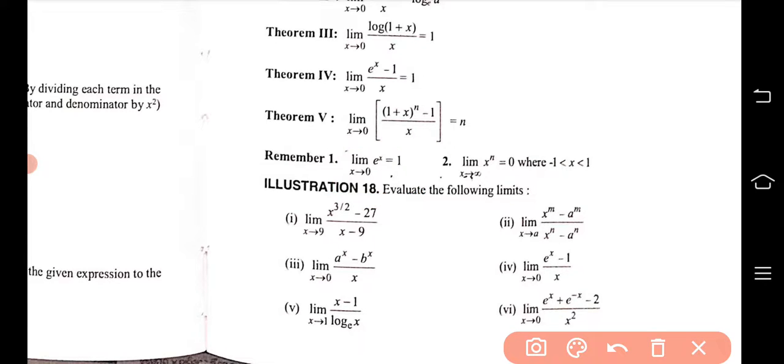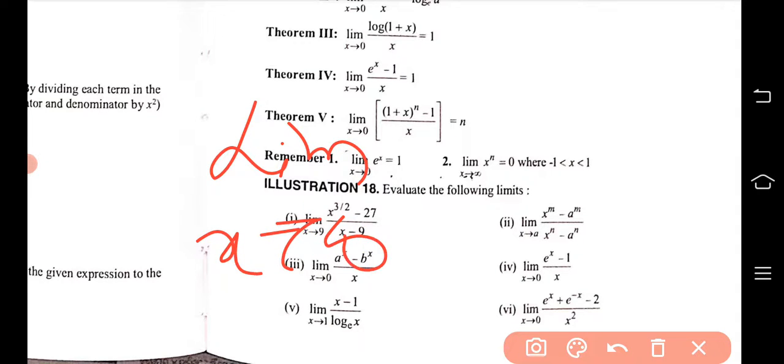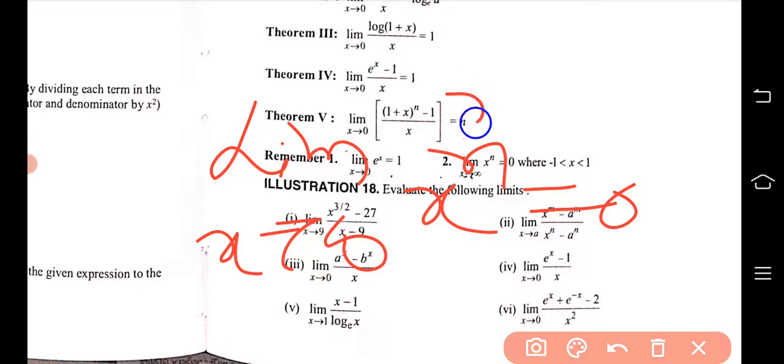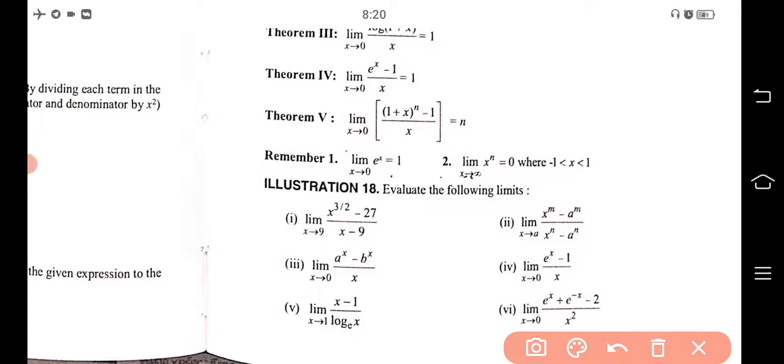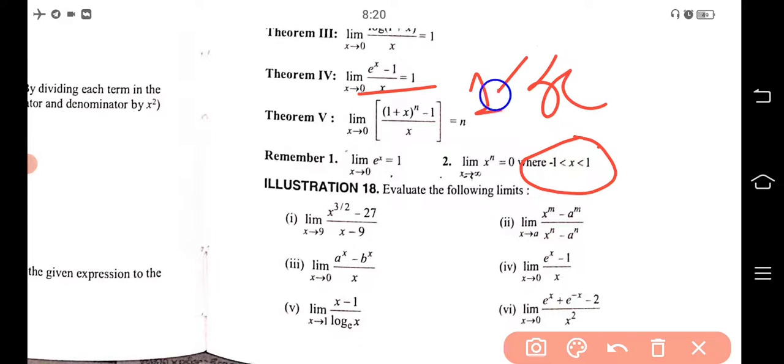And also we can have the limit x tends to infinity of x to the power n, which is equal to 0. Clear?